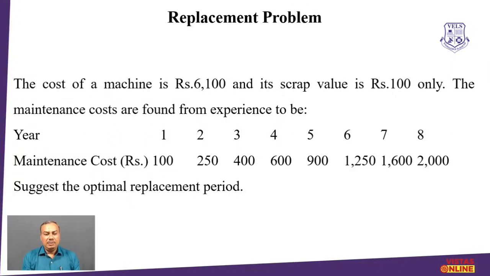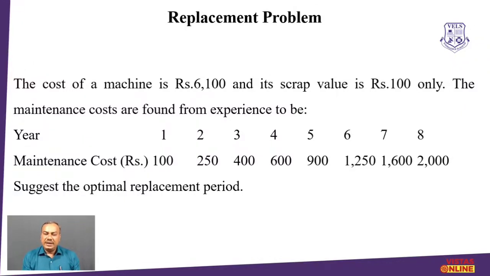The given problem statement is: the cost of a machine is rupees 6100 and its scrap value is rupees 100 only. The maintenance costs, found from past experience, are given for years 1 to 8.